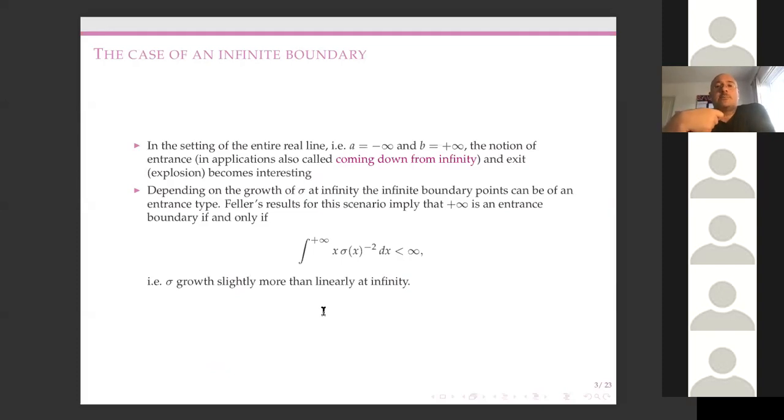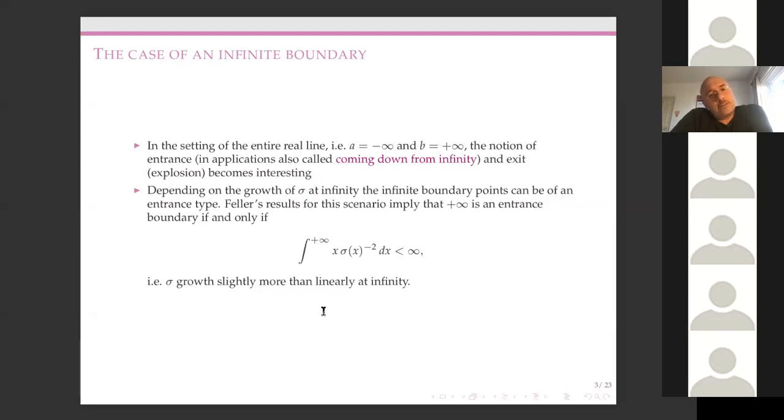Suppose we set B to be plus infinity and A to be -3, for example. We want to know if we can enter from the boundary plus infinity. This has increasingly commonly been called coming down from infinity.